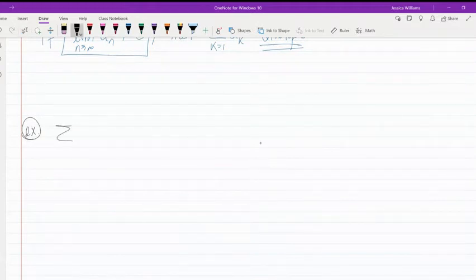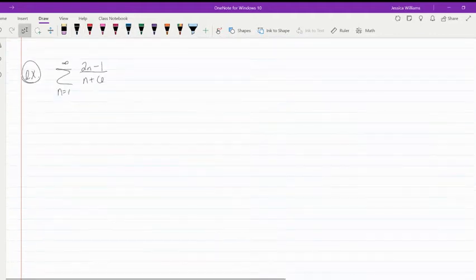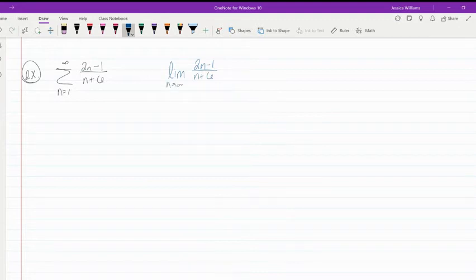So here is a sum. I'm going to use n again. Let's do 2n minus 1 over n plus 6. So what we're doing is taking the limit of these terms, 2n minus 1 over n plus 6 as n goes to infinity. Do you remember your shortcuts?